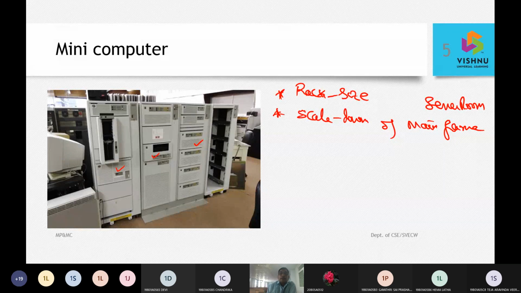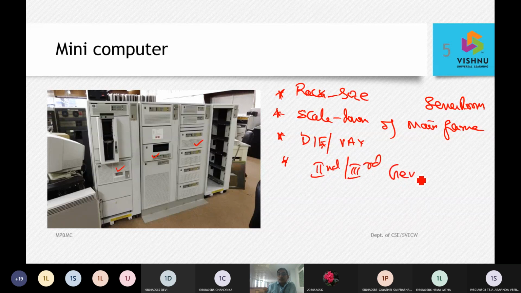Some examples are the DEC and the VAX computers. It is also a second and third generation evolved computer, and at that time they used to work with either 16-bit or 32-bit word length. That's how the minicomputer evolved.